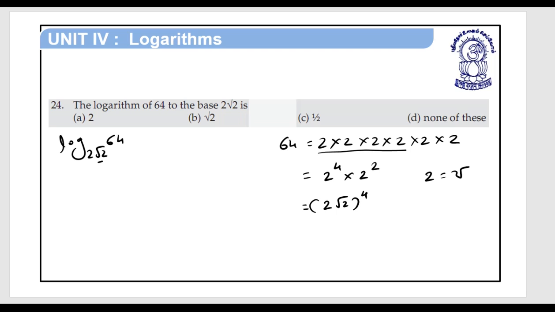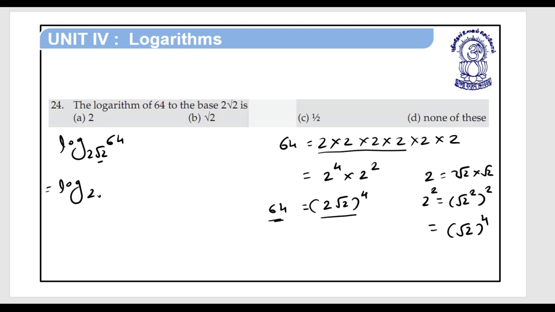2 is equal to root 2 into root 2. Here 2 square, so root 2 square square, so root 2 raised to 4. So we can write instead of 64, 2 root 2 raised to 4, log of 2 root 2 raised to 4 to the base 2 root 2.